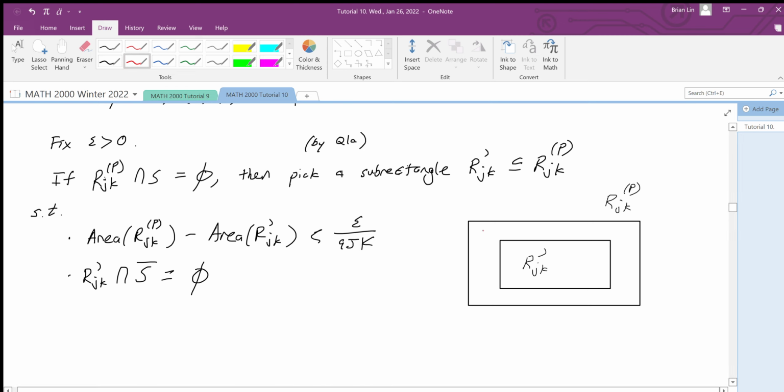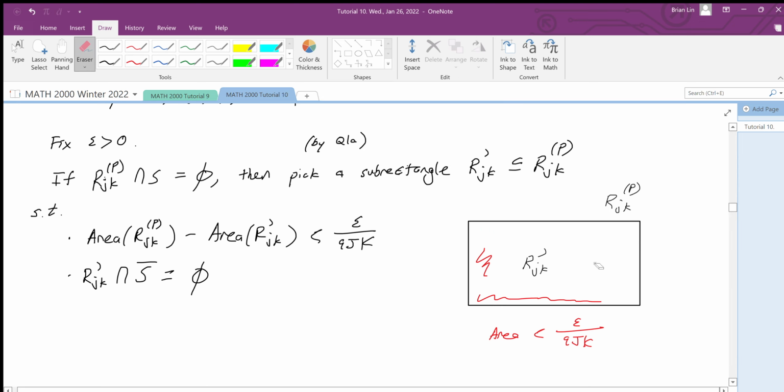And we have it that this red shaded area has area less than epsilon over 9jk. So the area of the red part is less than epsilon over 9jk.